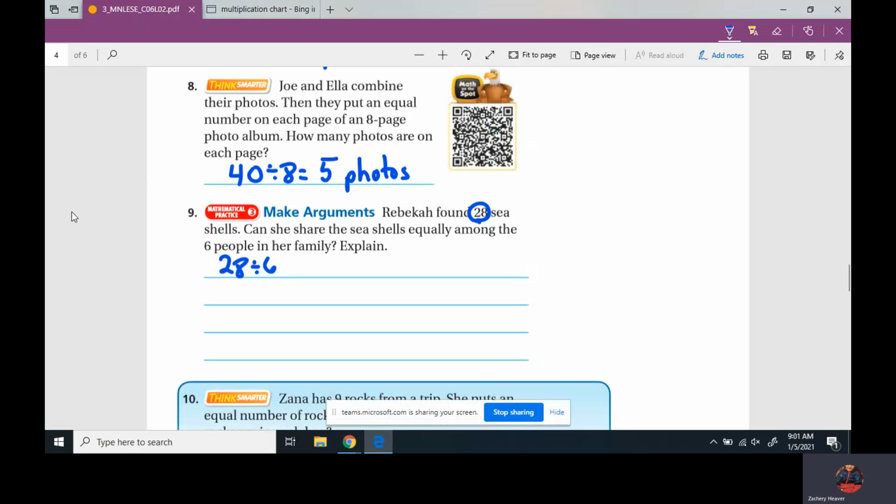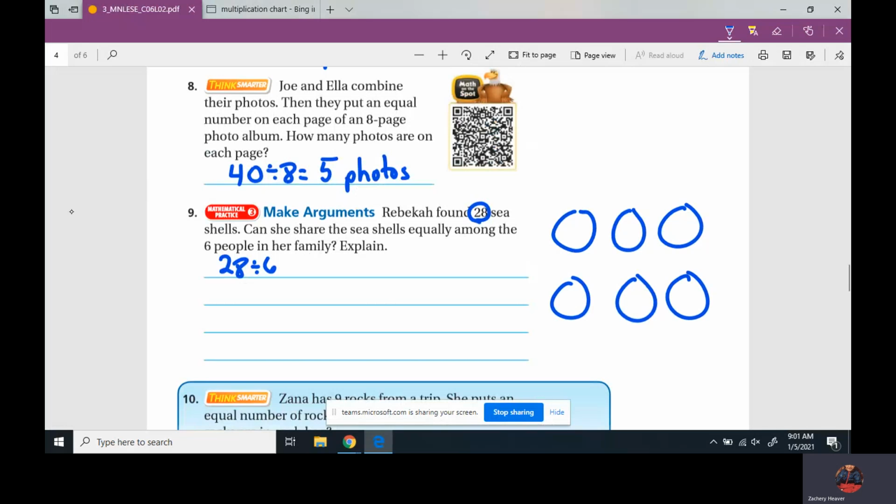So I'm going to go back and draw my 6 counters. 1, 2, 3, 4, 5, 6. So I have my 6 counters, 6 groups.